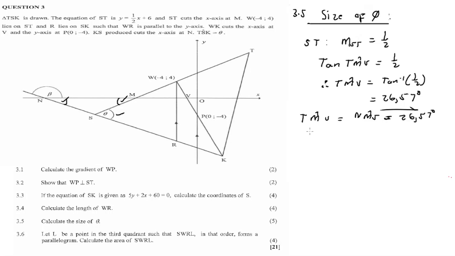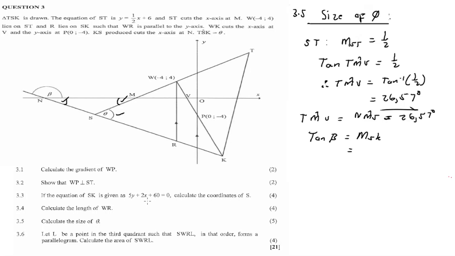Now beta: tan beta is equal to the gradient of line SK. I will use the gradient of SK, and manipulate this equation. You transpose the 2x so it becomes minus 2x, the 60 becomes minus 60, and you remain with 5y.